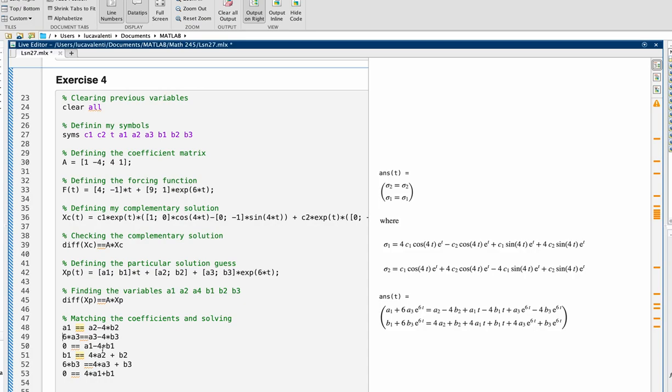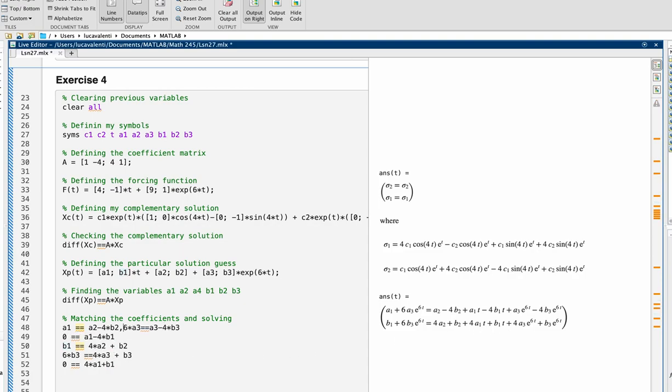Okay, so now let me check from the top, b1, 4a2 plus b2. Okay, then 6 times b3 should be 4 times a3 plus b3. And then 0 should be 4 times a1 plus b1.